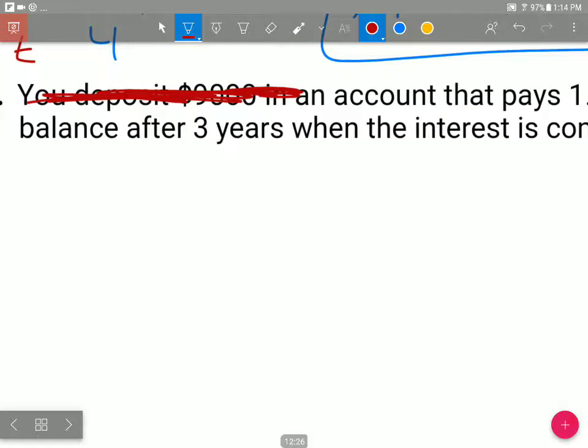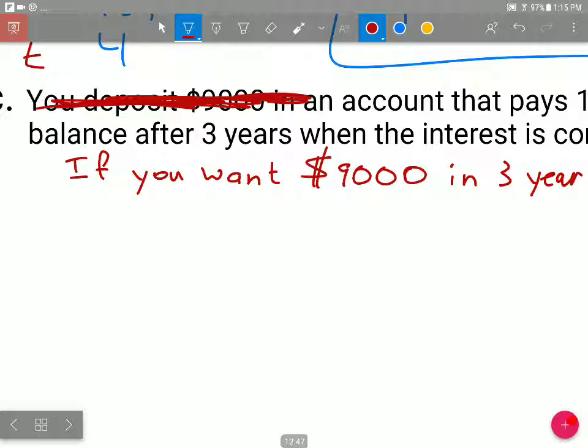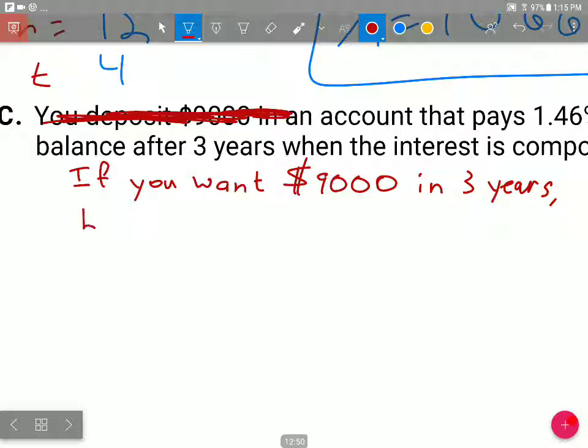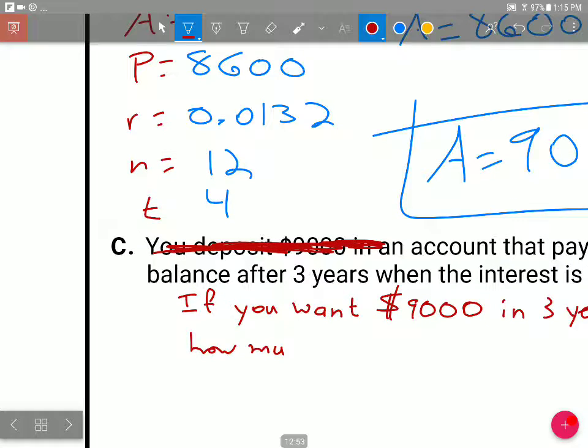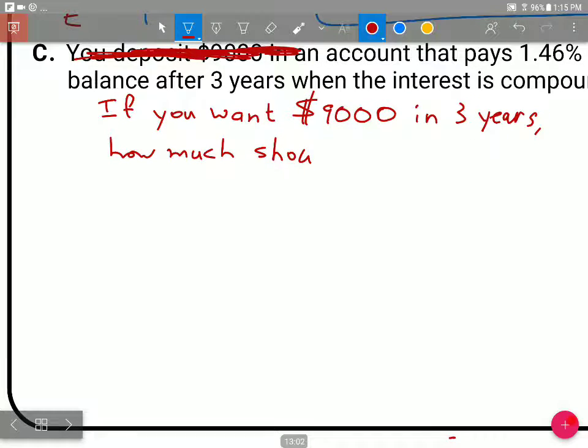Basically, here's what I'm going to write: if you want $9,000 in 3 years, how much should you invest now?